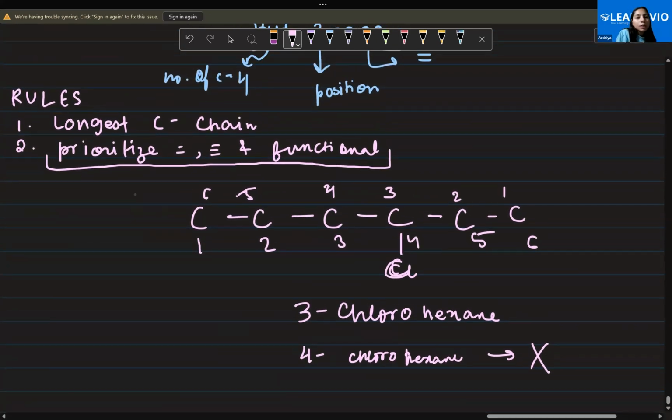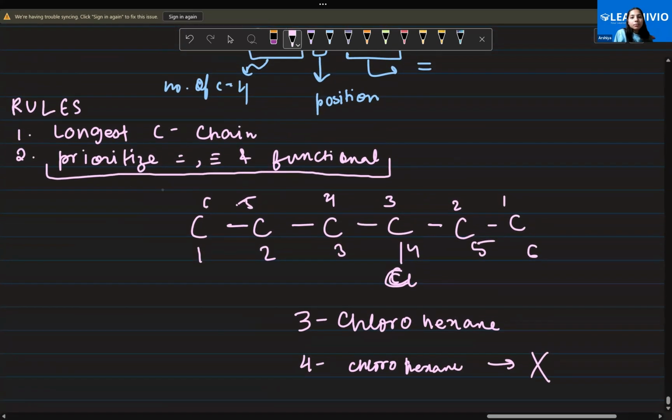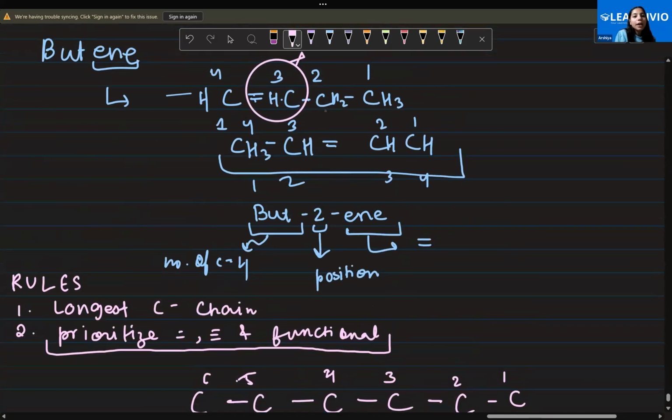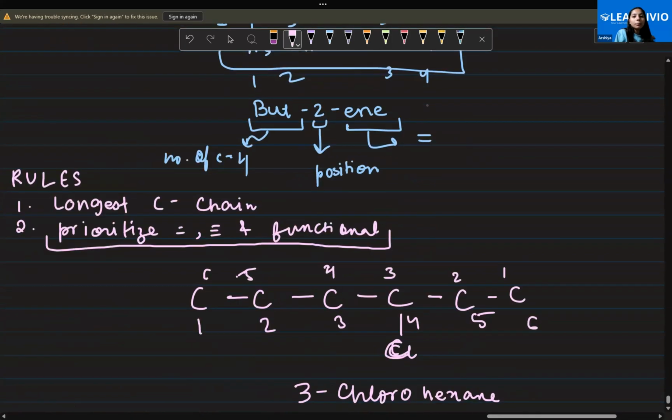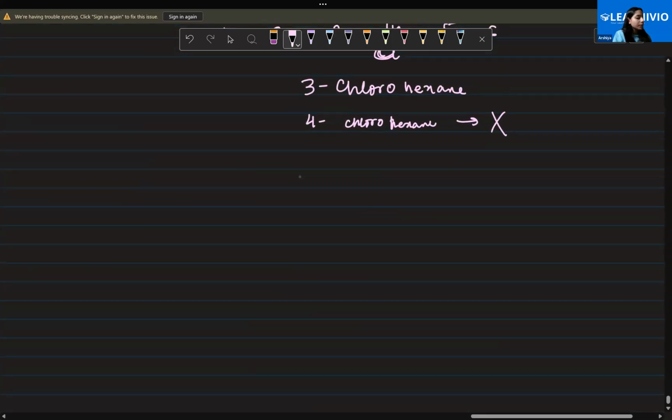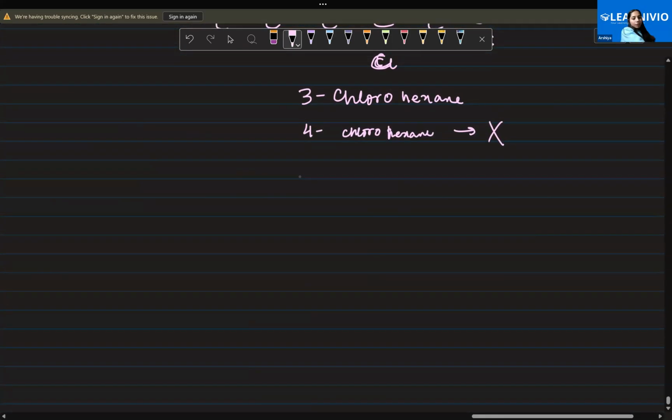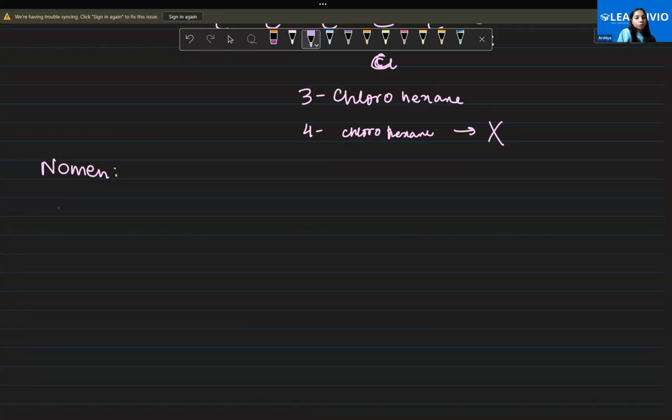Now, you had this question, why methyl first and why pentane afterwards. Now I'll write down something. It might be a little confusing at first, but you'll get the point. Whenever you have to name something, this is how you will go through it.